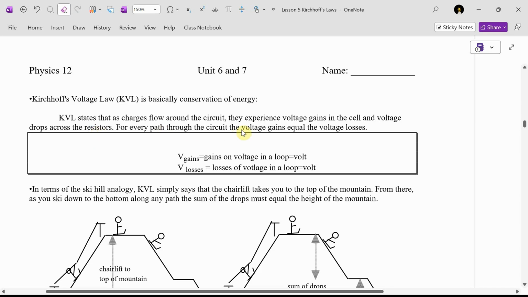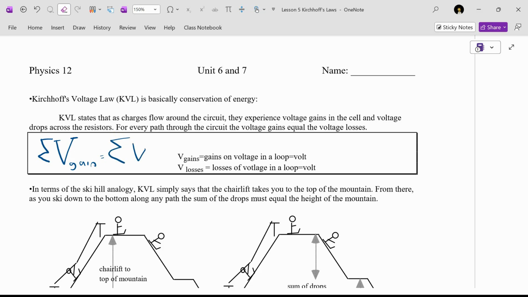For every path through the circuit, the voltage gains equal the voltage losses. In math speak, which I will never write, the sum of all the volts that you gain has to equal the sum of all the volts that you lose.